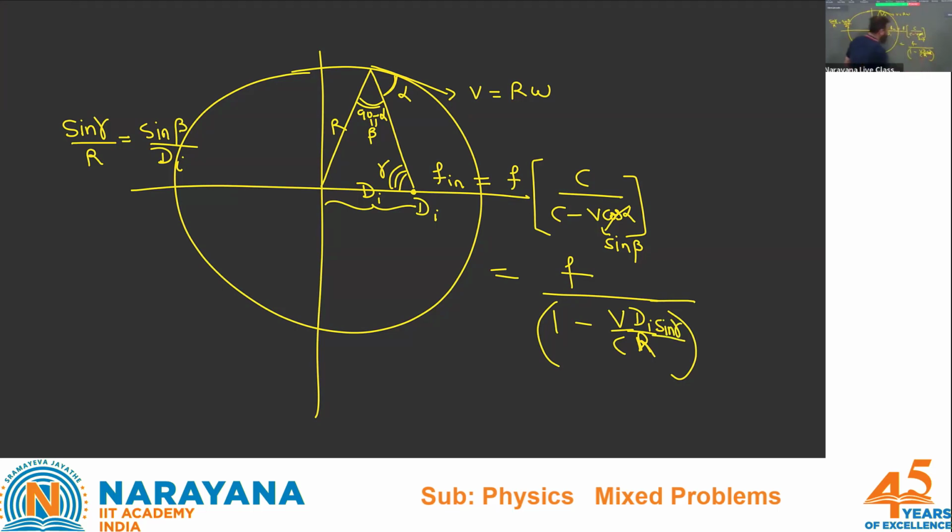Observe it. F upon 1 minus v by c is there, di upon r is there, and the sine gamma term is there. Now these are constants, so no hassles with this. Now I was interested in f in max, and from this you can also find out the positions, and f in min.